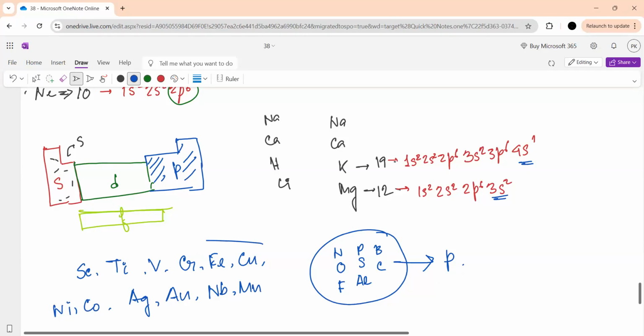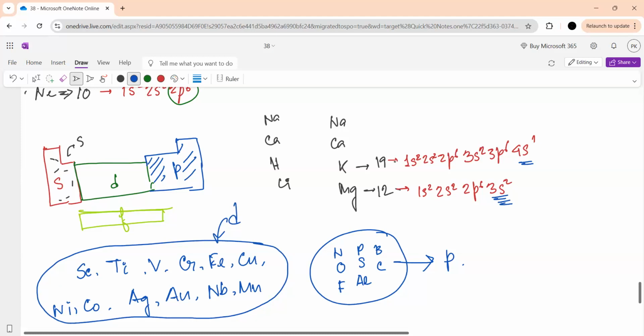All of them, if you try deducing their electronic configuration, you will see these are ending with d orbital. Like this was ending with s orbital, and those with p orbital, these end with d orbital. Okay? Yes, ma'am. That's why these are part of D block.